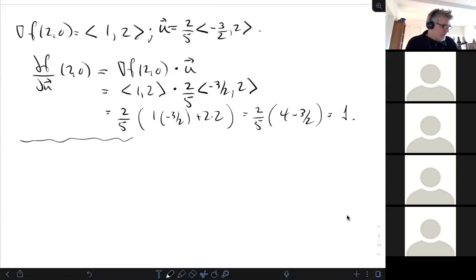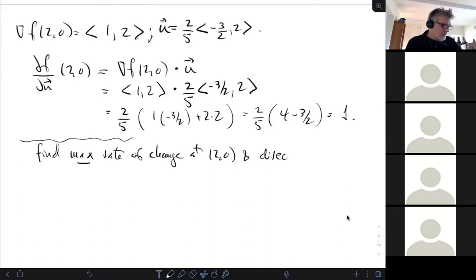Okay. The second part of the question was find the maximum rate of change at the point in question at 2, 0. Okay, so we know it's given in the direction of the gradient at that point, gradient of f at 2, 0, which is 1, 2.